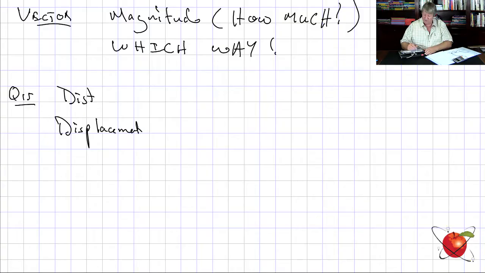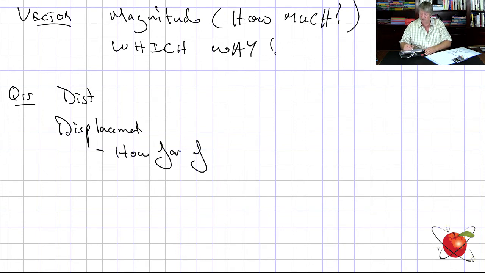Remember, displacement is how far from the origin. How far am I from where I started my journey? That is my displacement. So my displacement can be 0, but my distance can be 100 kilometers.